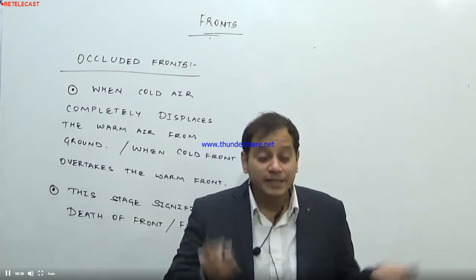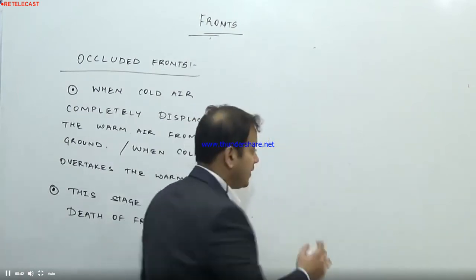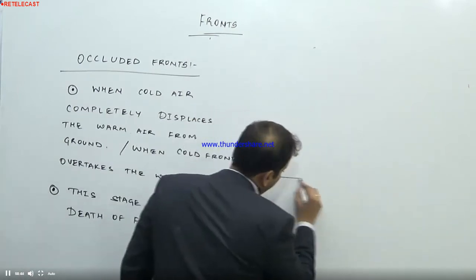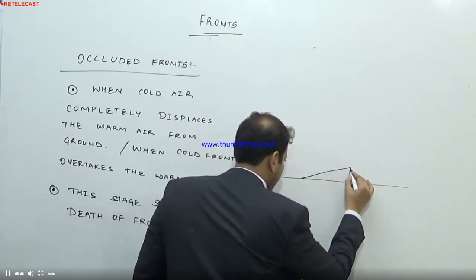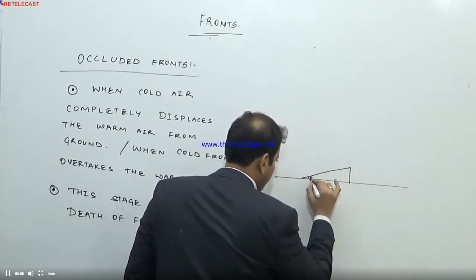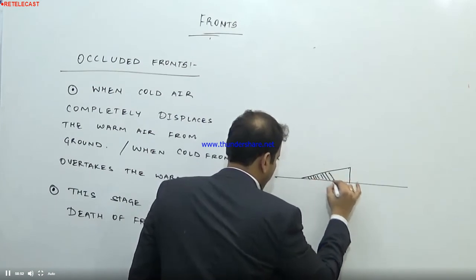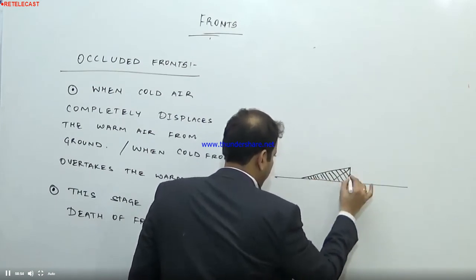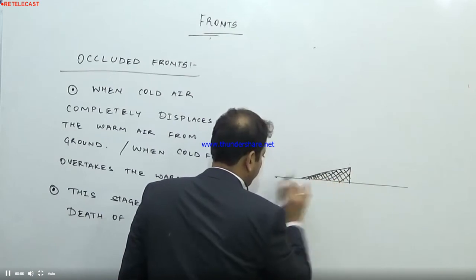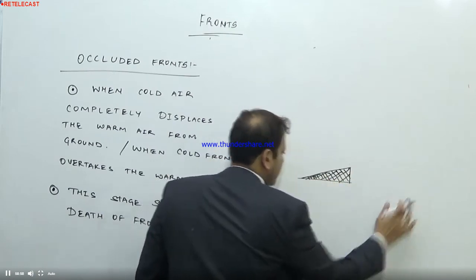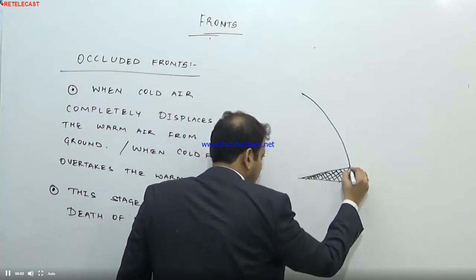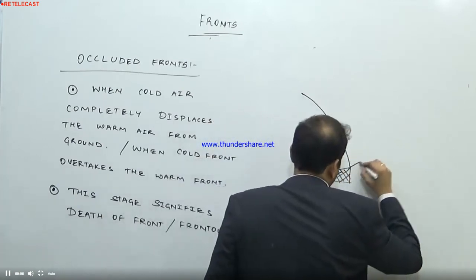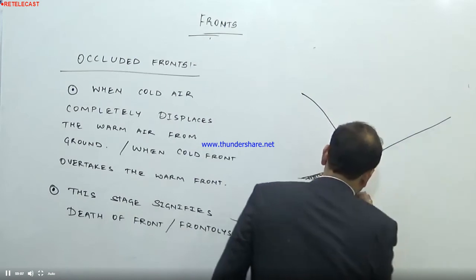Now how to show it in the examination? Because you will have to write it in the examination. The diagram for the examination is this: there is a ground surface. On the ground surface there can be both a cold front and a warm front.